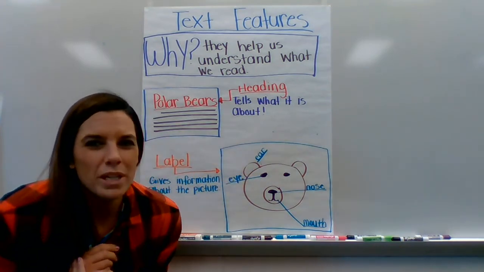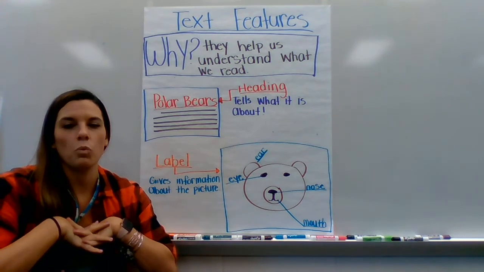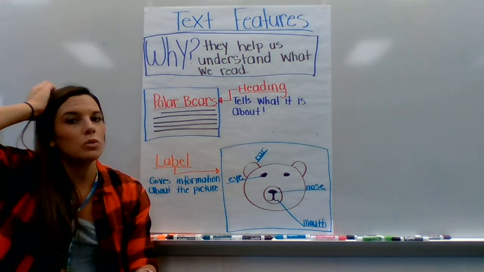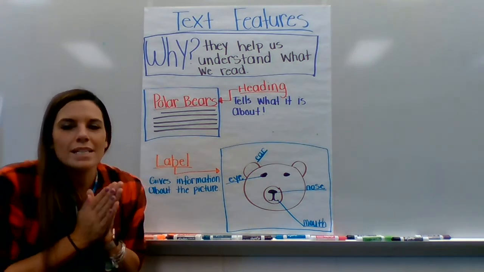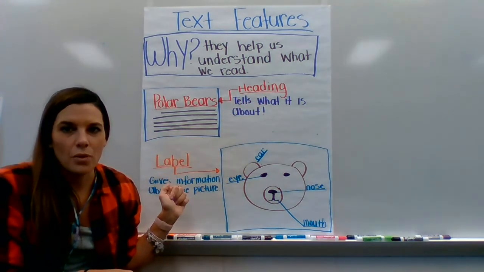So a little bit confusing, and I don't want you guys to get worried because we are going to be spending more time on this as the year goes on. But today when you listen to the story, I want you to be looking on those pages and seeing if you can find headings and labels, okay?